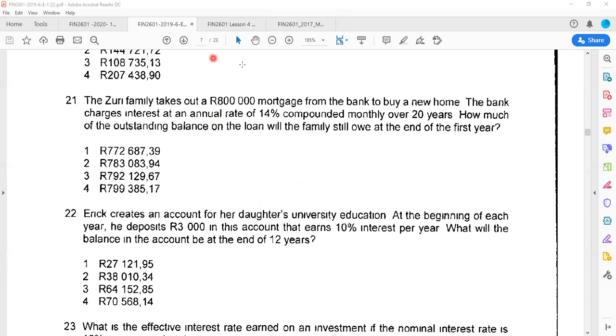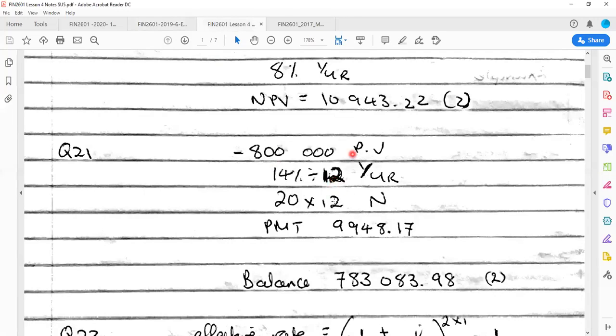Firstly, we start by calculating our PMT. We put in 8,000 as a negative, that's the loan, and 14% divided by 12, because the interest is compounded monthly. 20 by 12 will give us N, and then we get our PMT, and our financial calculator will give us the balance.